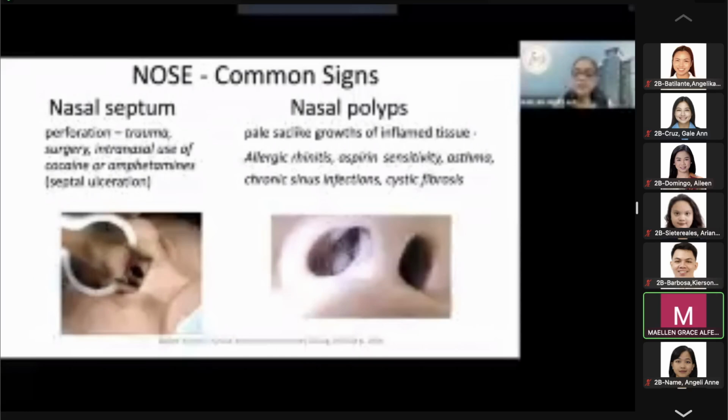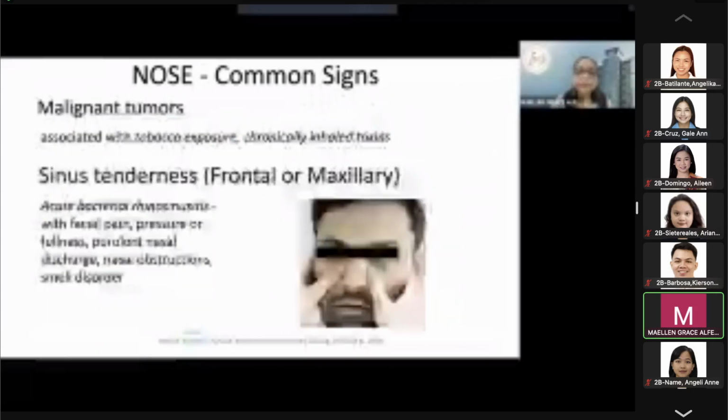Now, other mass that you can see in the nose are due to malignant tumors. And malignant tumors are usually associated with the use of tobacco, okay, exposure, and chronically inhaled toxins.